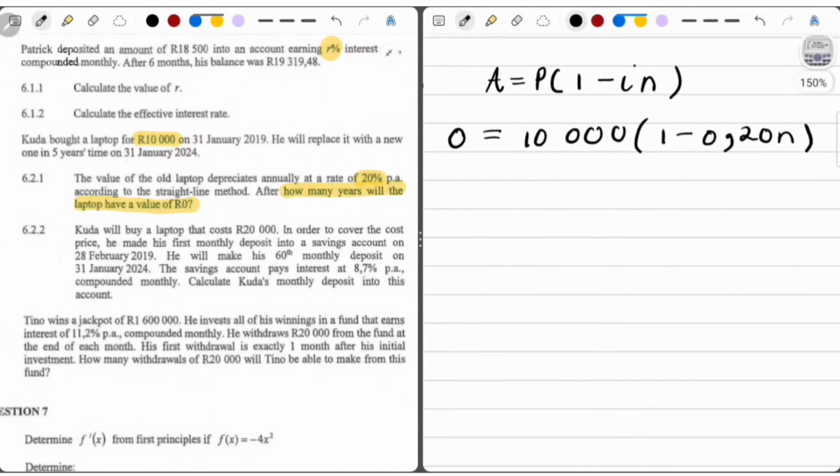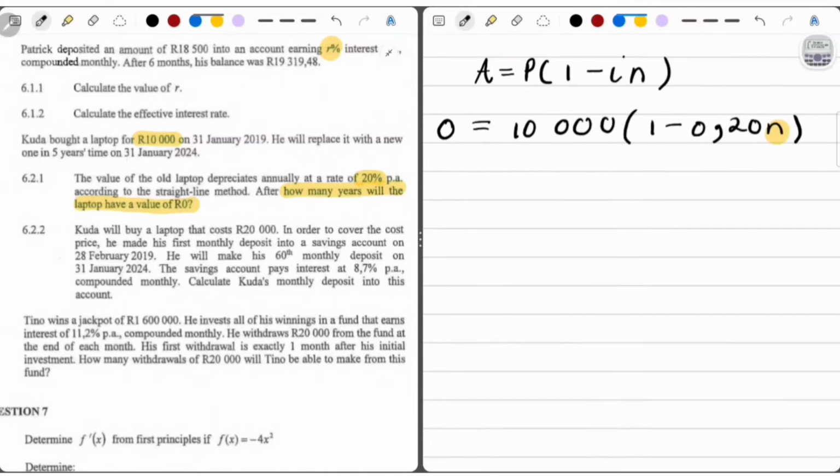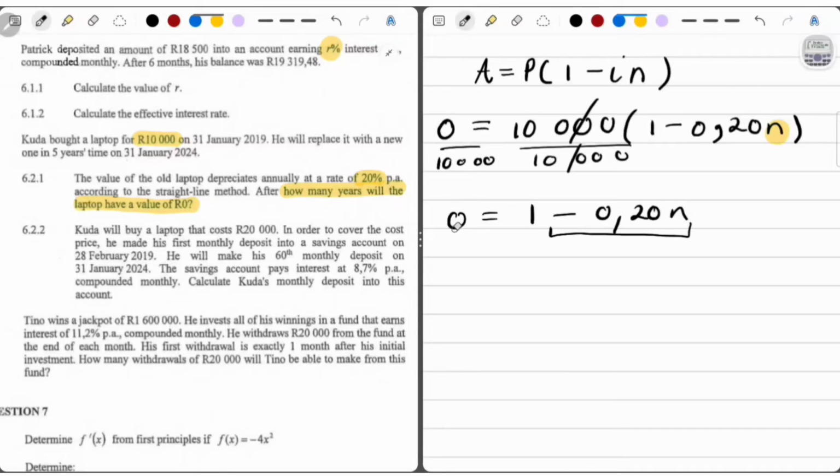So we just have to solve for N in this straight line equation. It's a linear equation. How do you get to N? Well, first you have to get rid of the 10,000, and you can get rid of it by dividing both sides by 10,000 Rand. If you divide by 10,000, 0 divided by 10,000 is 0, and so that cancels, and you're left with 1 minus 0.20 N. Then I need to solve for N, so I'm going to rather take this over to this side since it's negative, so it becomes positive 0.20 N is equal to, and I still have the 1.